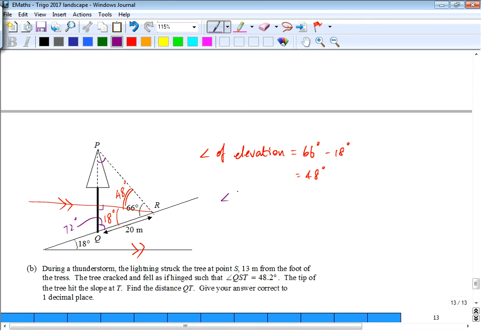So angle QPR equals 180 minus 72 degrees minus 66 degrees, and we get 42 degrees. This is the angle sum of a triangle. This is part 3.